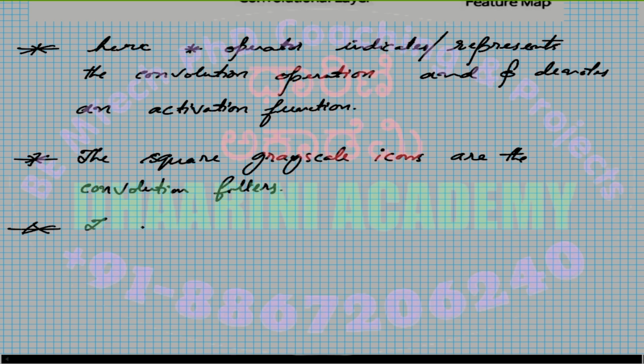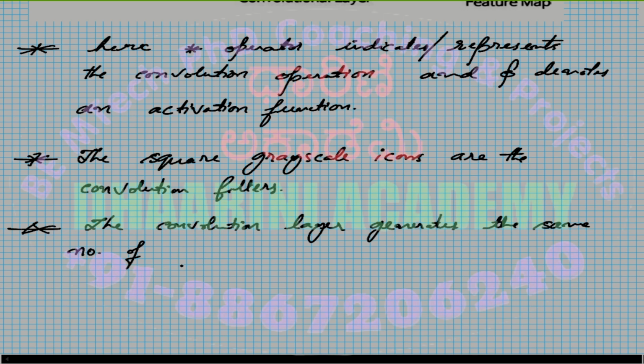So the convolution layer generates the same number of feature maps as the number of filters.